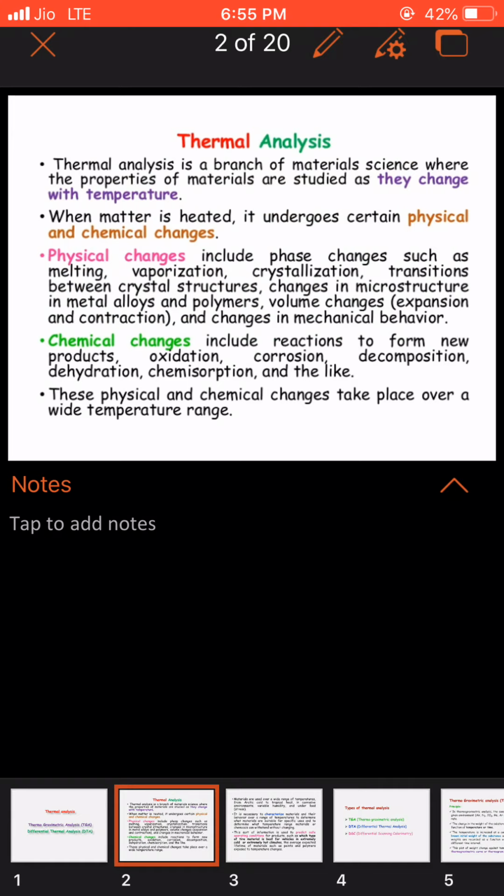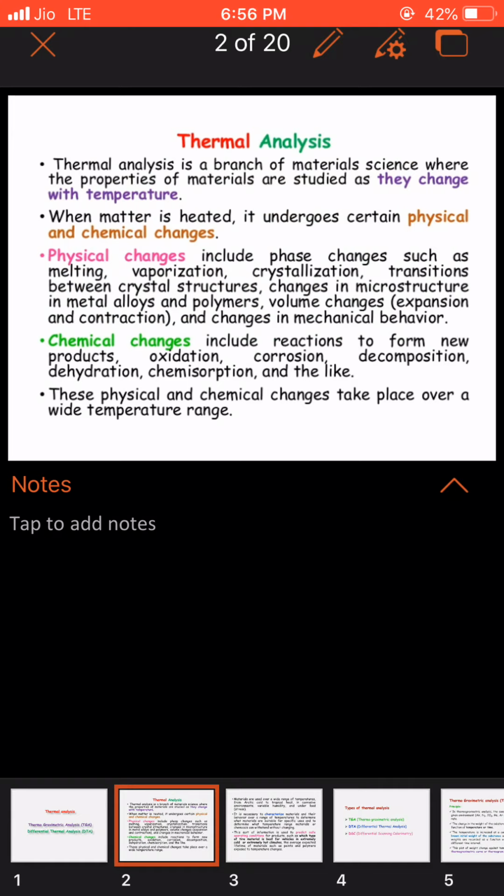That kind of solid to liquid or molten change is also a phase change. So as you supply heat to increase the temperature of a material, it may undergo phase change.